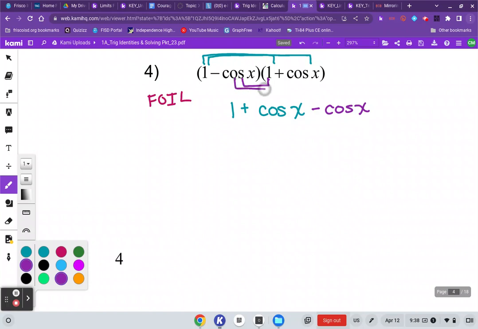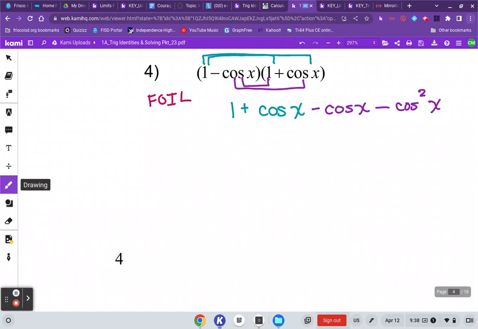And then your last terms, we have cosine times cosine. So I get cosine squared. Cosine times cosine is cosine squared. So let's clean this up and notice that my middle terms cancel each other out because that equals 0. I'm left with 1 minus cosine squared.